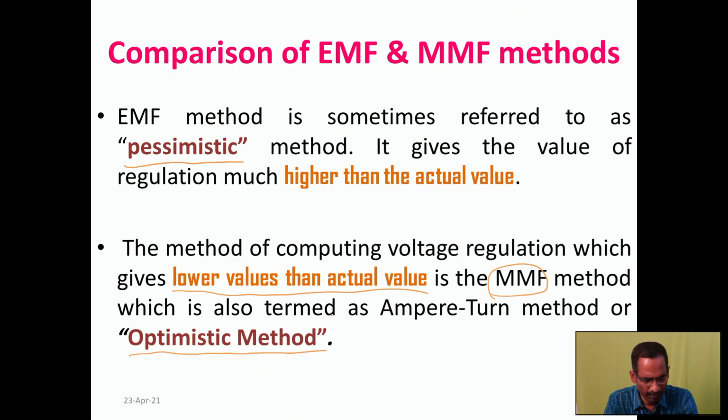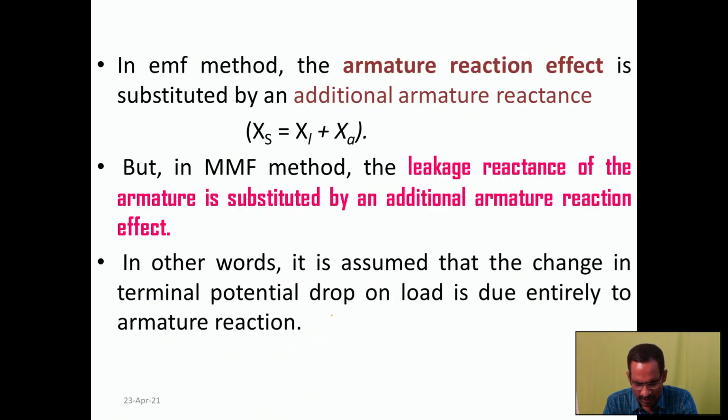Okay, everything is okay, but technically, what is the difference between these two methods in the calculation procedure? How are we calculating it? In the EMF method, the armature reaction effect is substituted by an additional armature reactance.